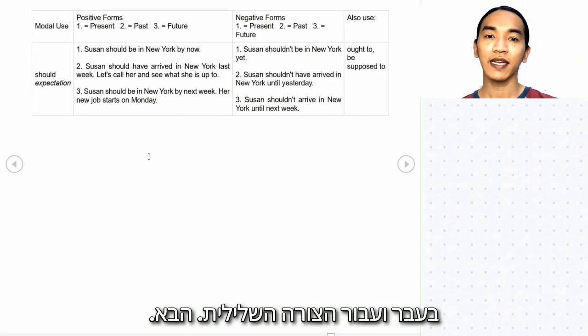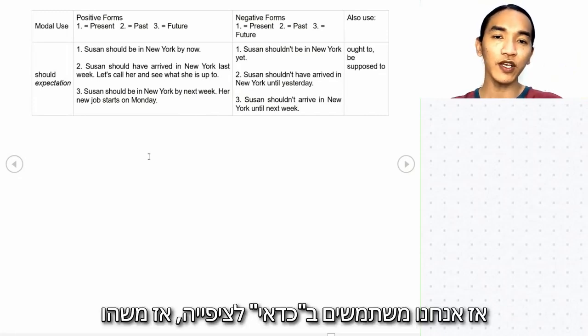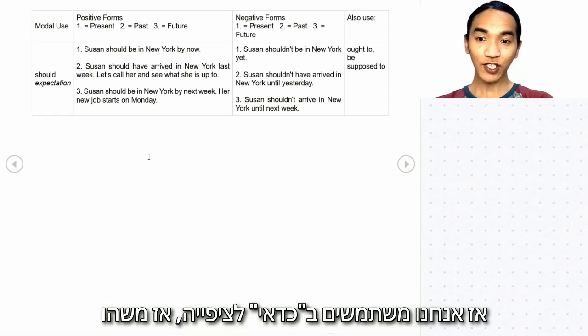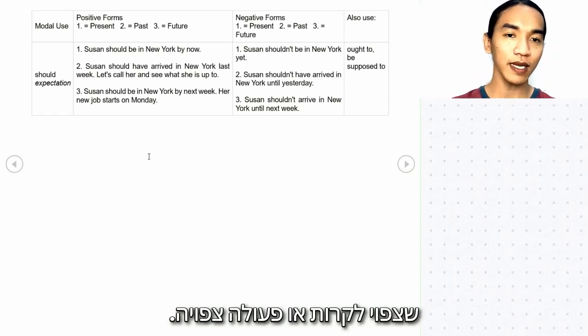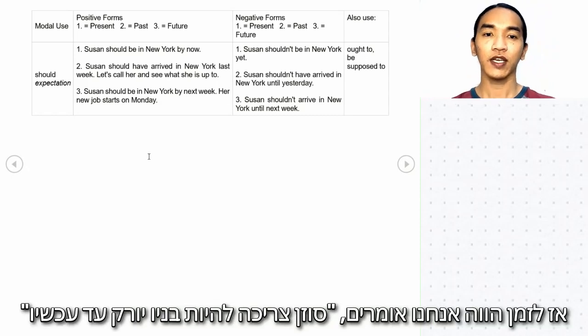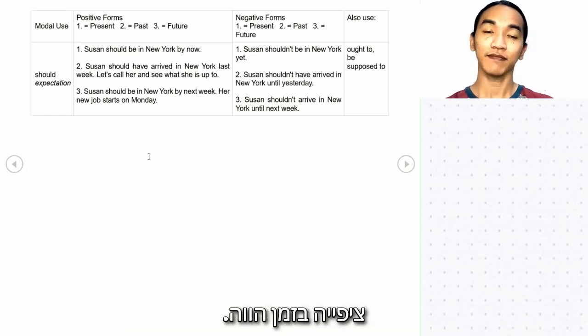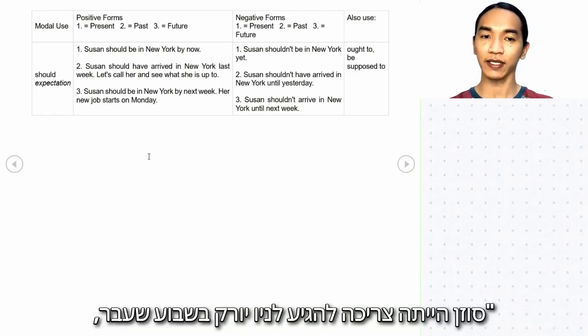Okay, next one. So we use should for expectation. So something that is expected to happen or expected action. So for present, we say Susan should be in New York by now. Okay. Expectation in the present time. So expectation in the past.